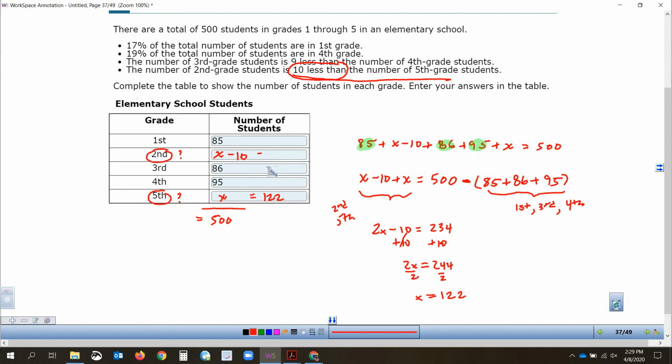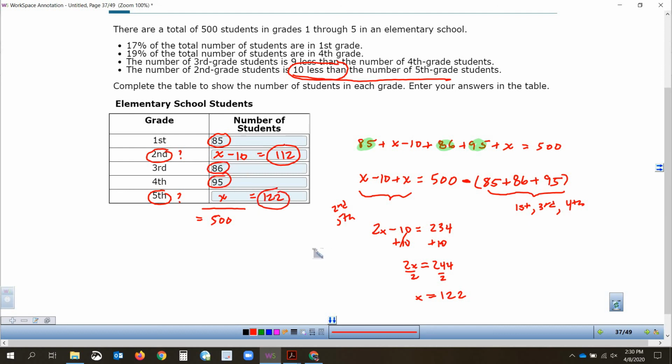And the second grade class has how many compared to that? 10 less. So it is 112. All right, and so what does a good math student do? He or she checks his or her work. So what am I saying? I'm saying 85, 112, 86, 95, and 122.